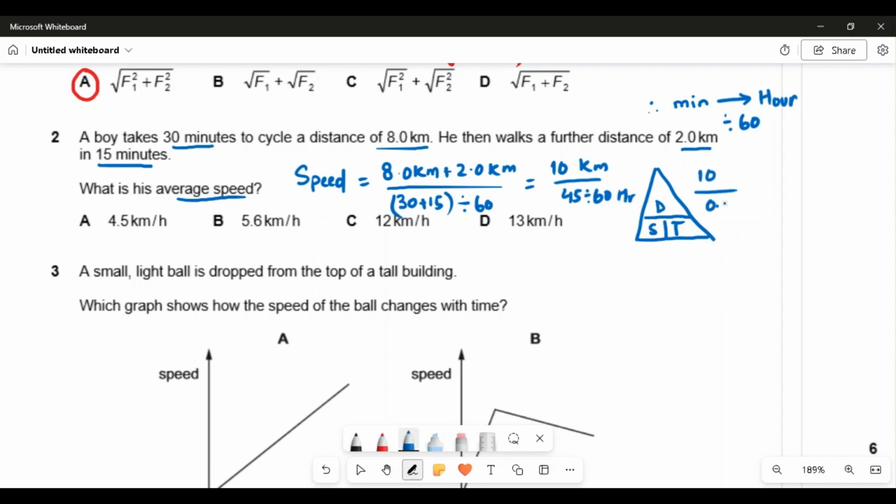So 10 divided by 0.75 hours comes to 13.33, and when we round this 13.33 it gives us 13 kilometers per hour.